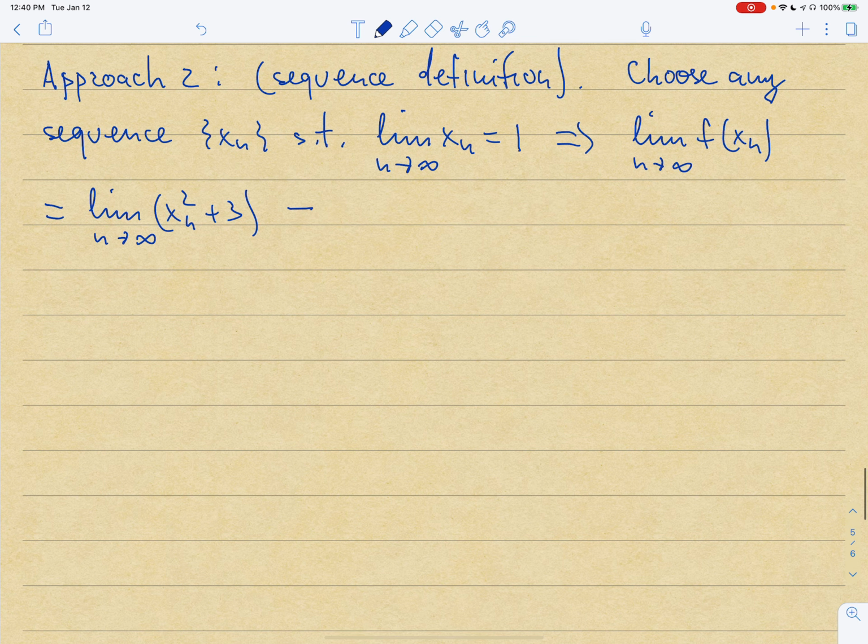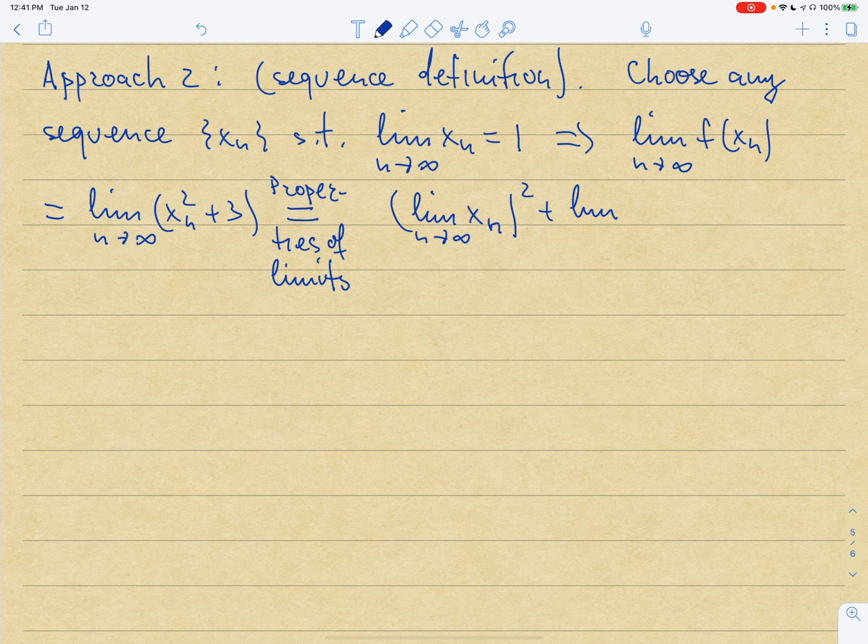And then immediately by properties of limits, I can write this as the limit as n goes to infinity of xn, quantity squared, plus the limit as n goes to infinity of 3.